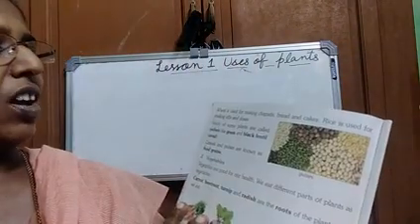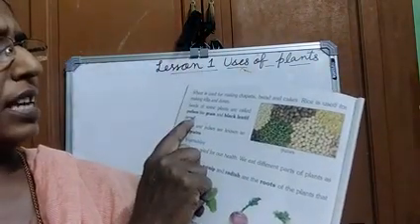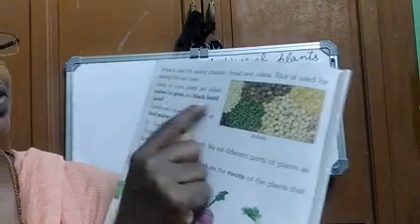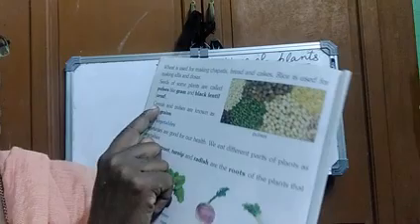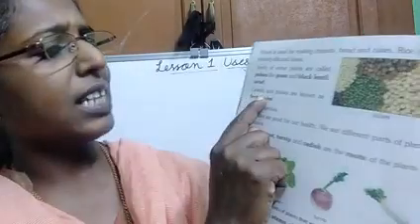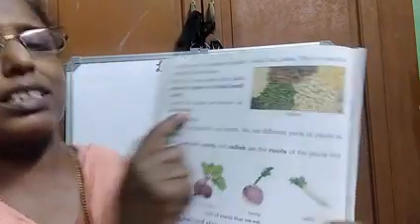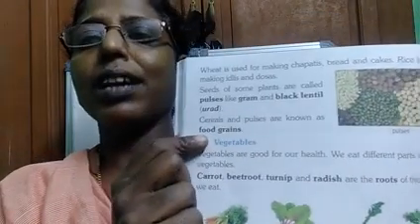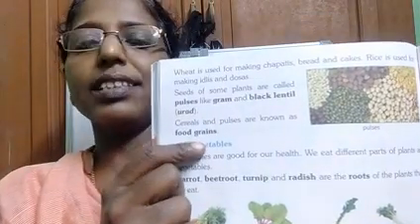Okay, then next, seeds of some plants are called pulses, like gram and black lentil. Cereals and pulses are known as food grains.